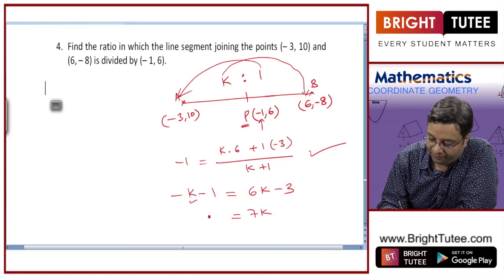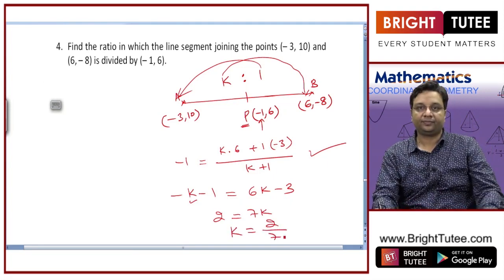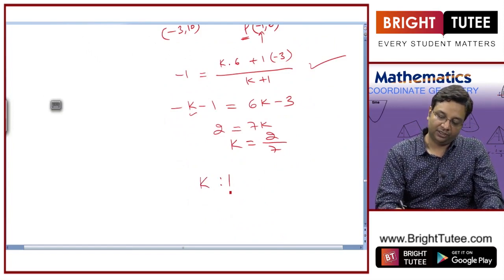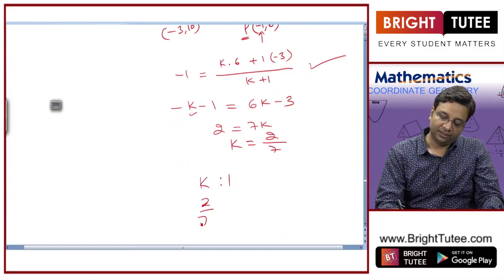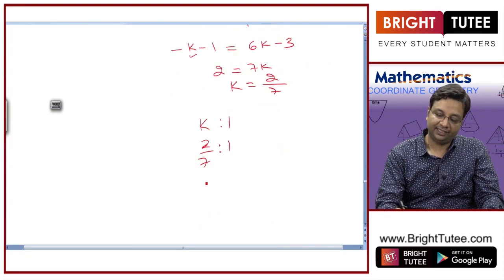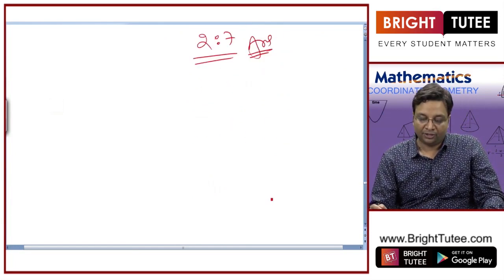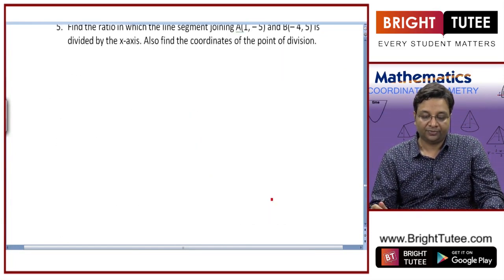This 3 on this side will give me 3 minus 1, 2. So k is equal to 2 upon 7. Hence the ratio that was assumed as k is to 1 will be 2 by 7 is to 1. So we can say the ratio is 2 is to 7. Right? So this is how you find the ratio.